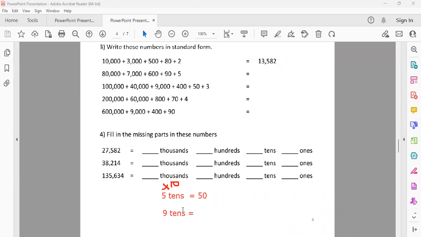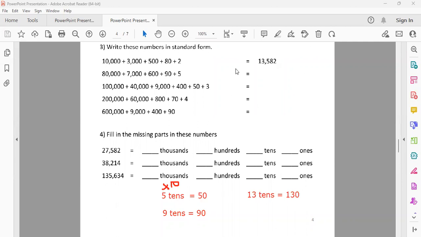What's your answer? 90. Very good. Now, what if now I asked you how much is 13/10? What would that be then? In the same way, you just times 10 to the 13 and you will get 130. So 13/10 means 130.